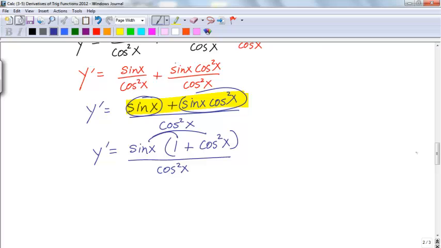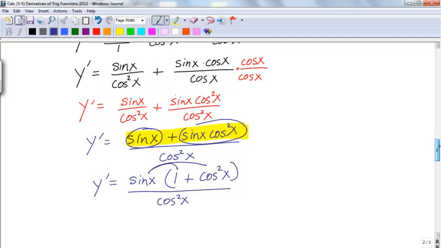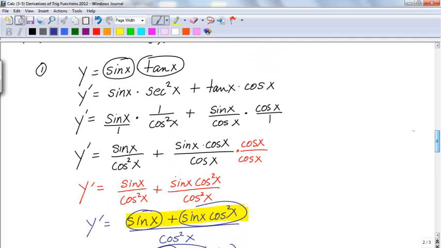Okay, and what starts that all out is, when you look at the problem, it is a product. So when you do the derivatives of trig functions, you're going to look for products, you're going to look for quotient rule, and remember, on quotient rule you have to start with the denominator.